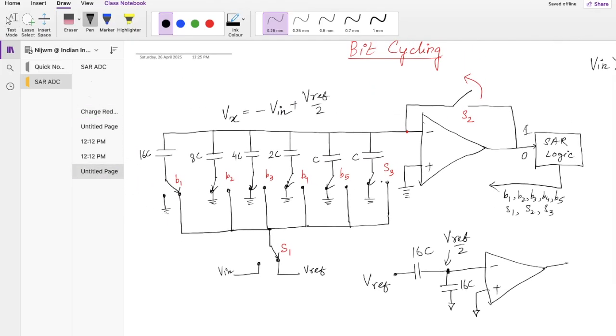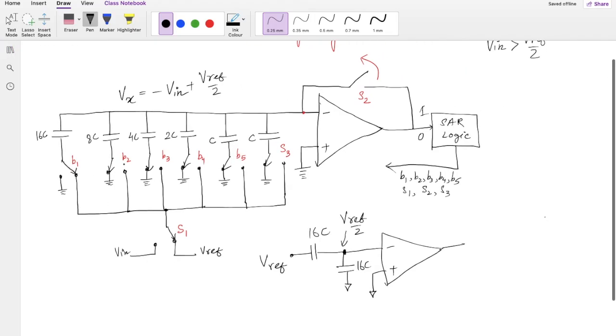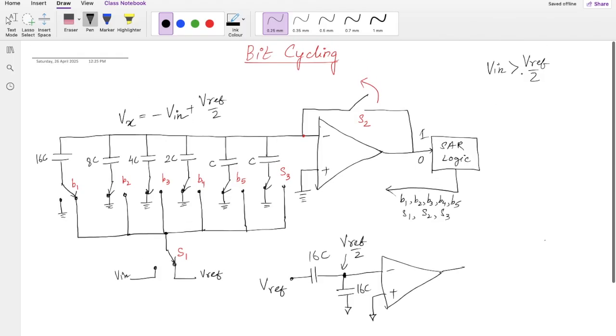Now, as I was mentioning, if during this comparison the Vin happens to be greater than Vref by 2, then we are going to maintain this V1 equal to 1. Else we are going to turn it to 0.